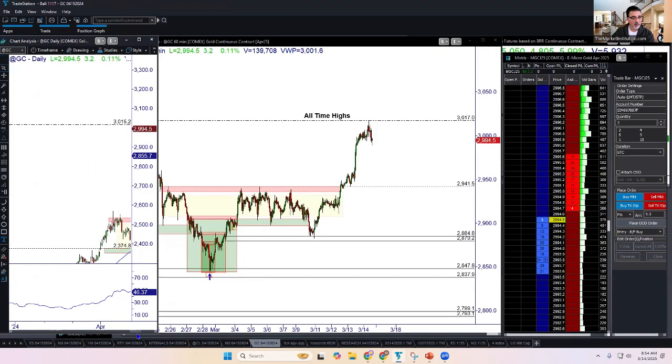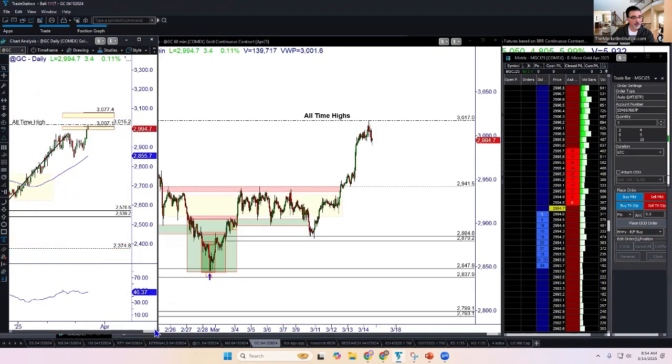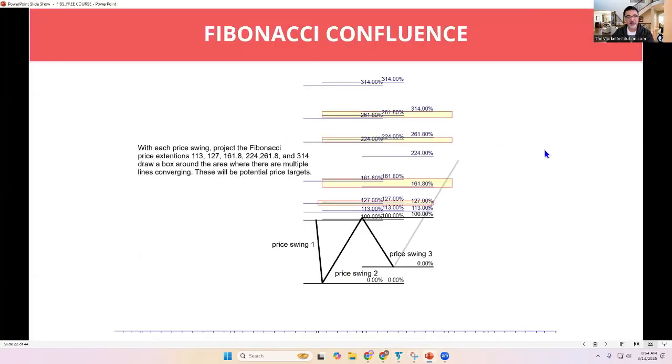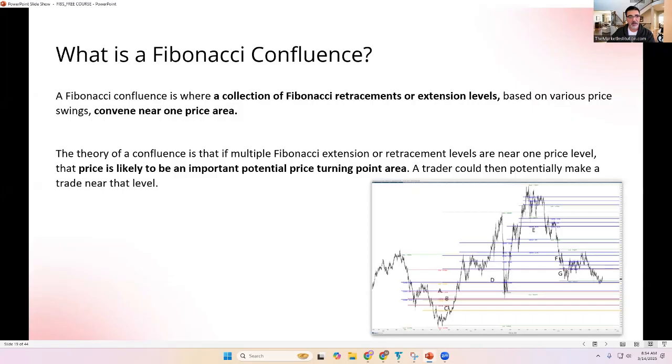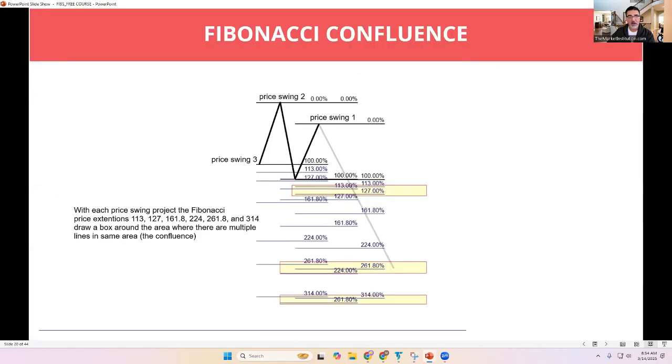All right. So let me give you a little more content, and then we're going to jump out and look at some of the charts. So we've covered Fibonacci retracements and Fibonacci extensions. We have a set of numbers for the extensions where we are looking for the 113.